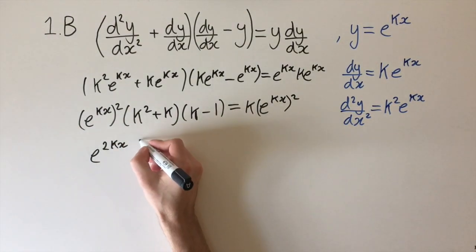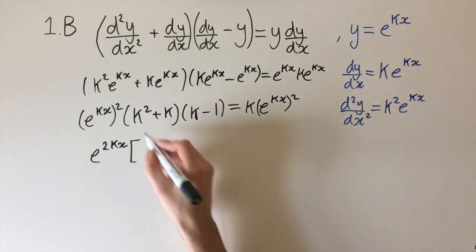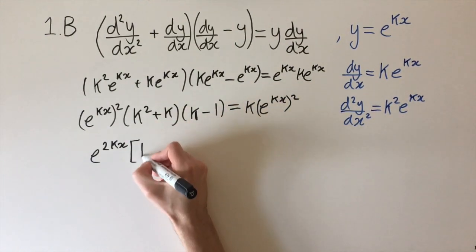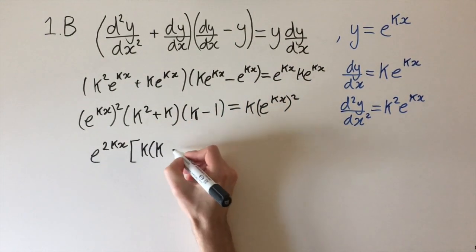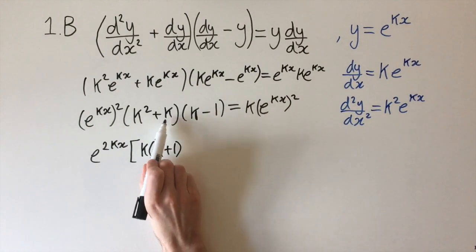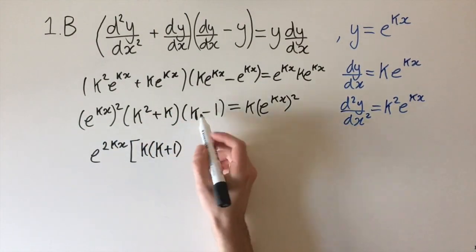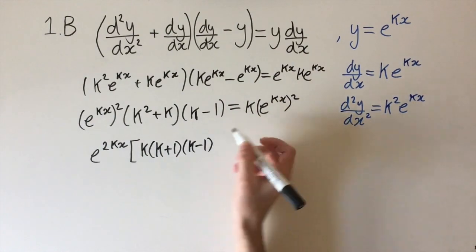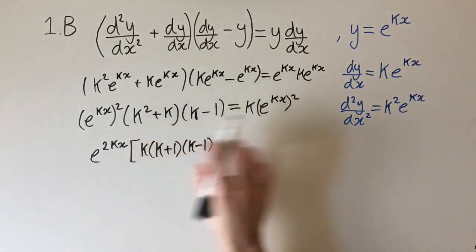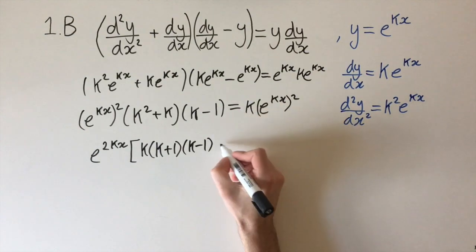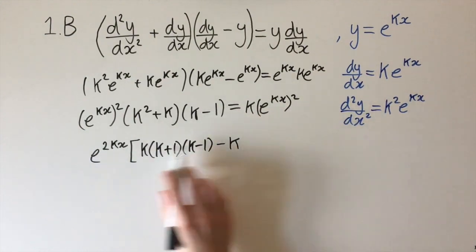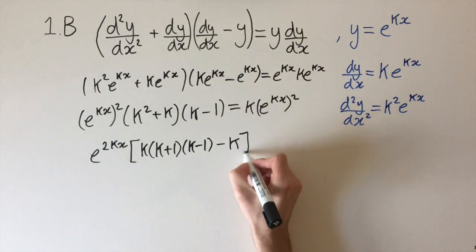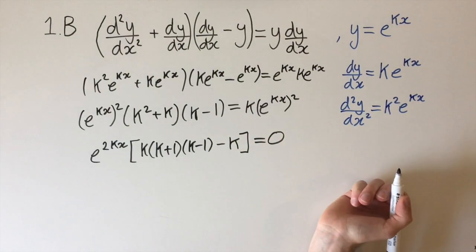Rearranging and bringing everything onto one side, I bring out a factor of k from the first bracket, so I have k times k plus 1, and we still have the bracket k minus 1. Then we subtract a factor of k, which would correspond to this term if we expanded. So now this equals 0.